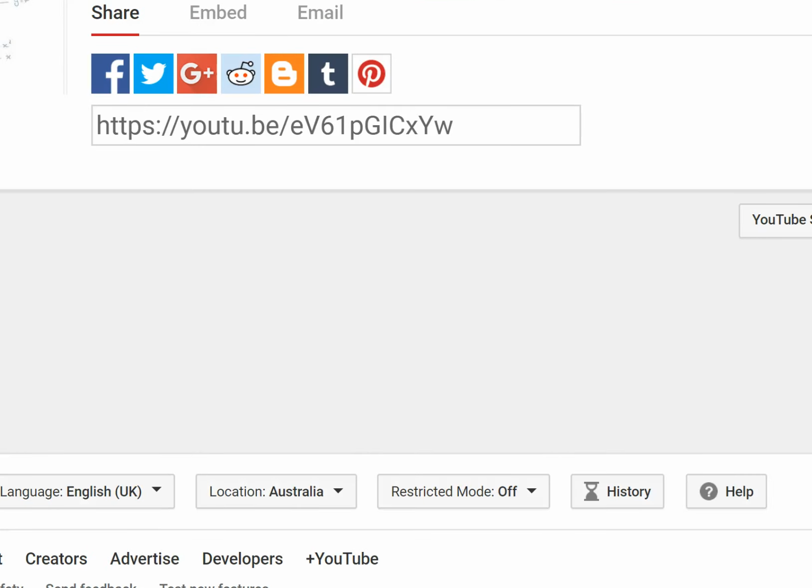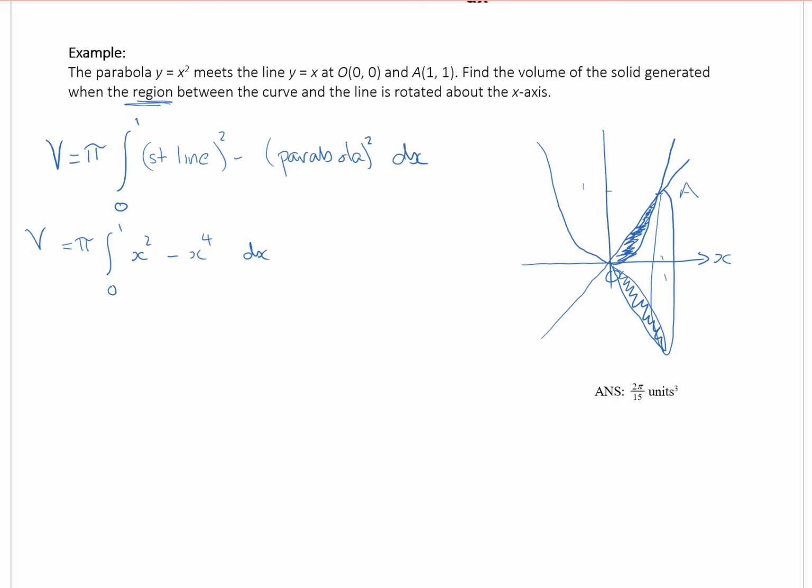So the volume is pi times the integral from 0 to 1 of the straight line, because we've got to establish the region to start with. The region is made up of the straight line, and because it's volume it's squared, minus the parabola squared.